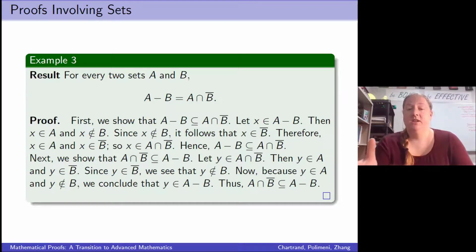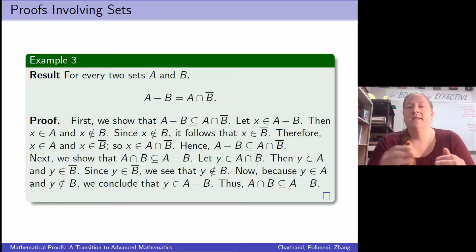Now, let's think about showing the reverse. I'm going to take a generic element Y that's in A intersect B complement, and I'm going to show that it must be in A minus B. So Y is in A intersect B complement means that Y is in A and Y is in B complement.